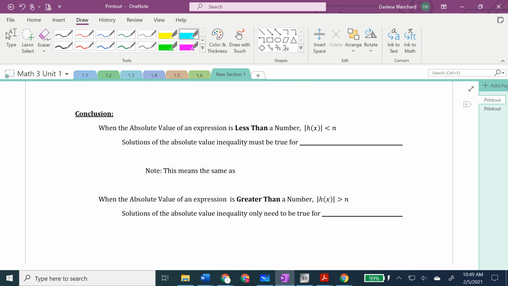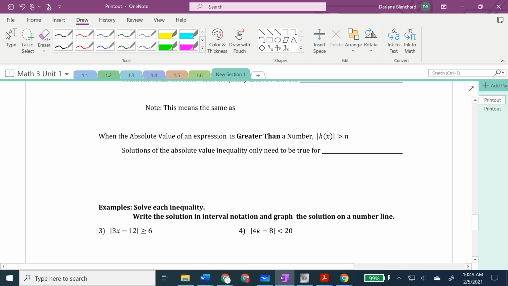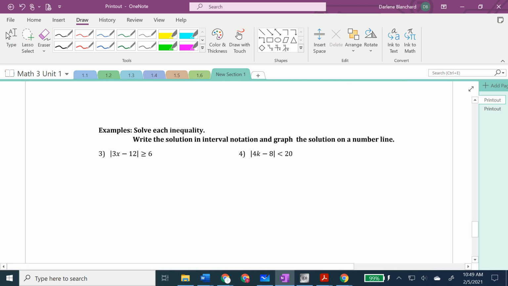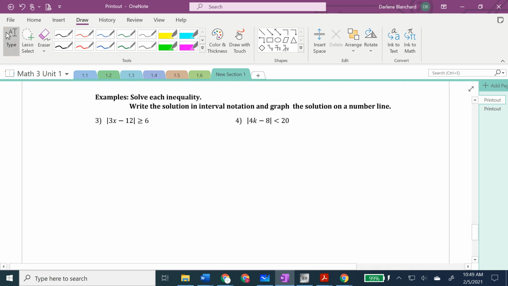Now, it is time to look at some examples. First, identify whether you're dealing with a greater than or a less than situation. And there's a fun little trick that you can use, which does tend to help people.